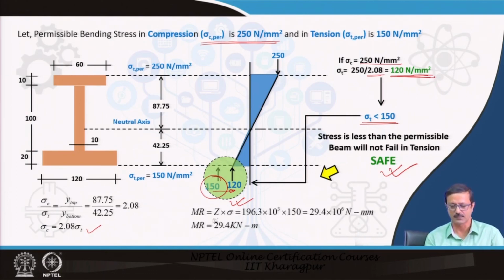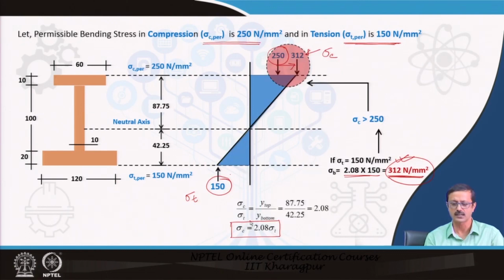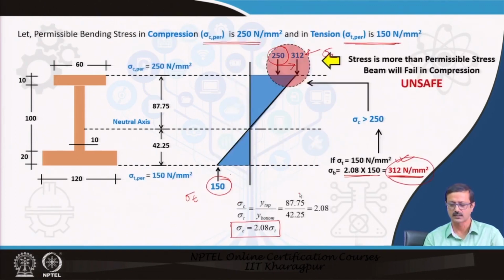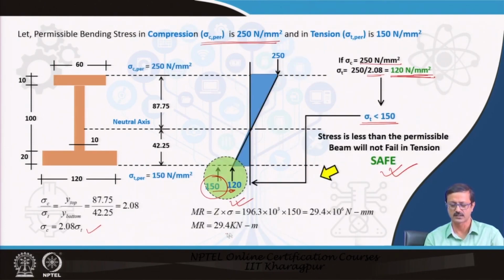Based on that, the moment of resistance will be Z into sigma. The Z value of the topmost portion is given in the calculation here, and then we can find out the moment of resistance as 29.4 kilonewton meter.